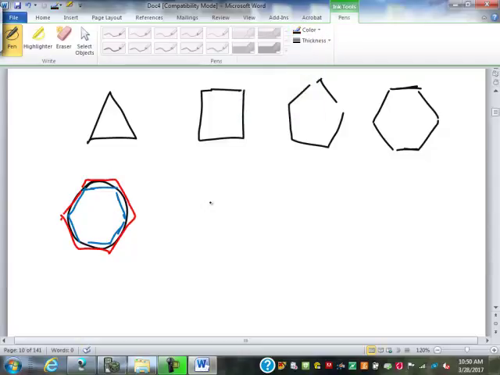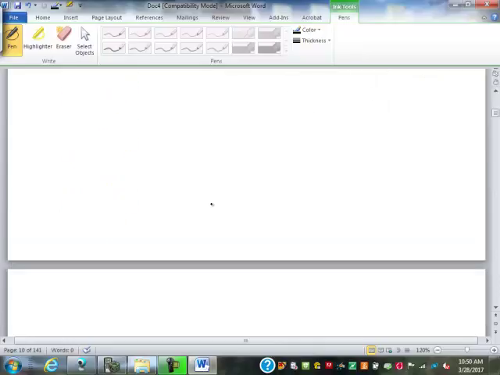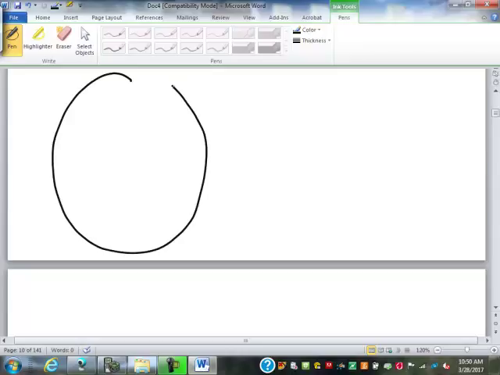So anyway, let's look at these circles and some of our features of circles. We looked at some of the features of a circle last semester. Of course, the main feature of a circle is the distance from the center to the outer edge, which is called the radius. And that is the absolute main feature of a circle. Another feature is a segment that connects 2 points on the outside edge of the circle.